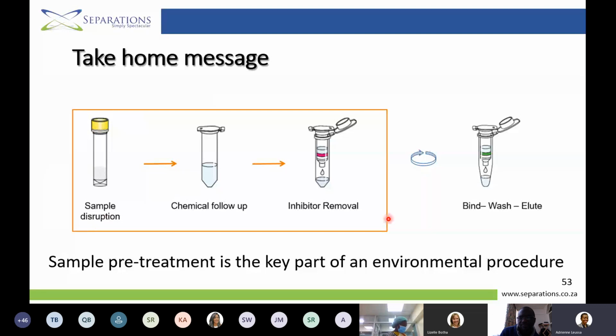You're either going to get your samples fulfilling the requirements for NGS library inputs, or you have to start again. So please pay attention to that when you're choosing your extraction methods. Pay attention to the sample disruption, the optimized buffer systems, as well as the strategies for inhibitor removal.